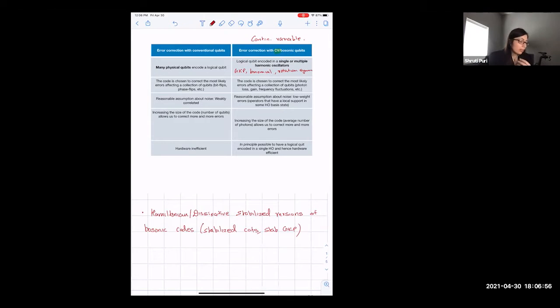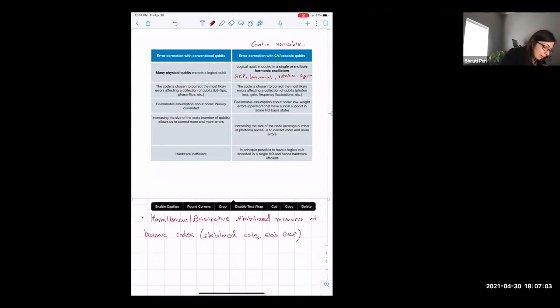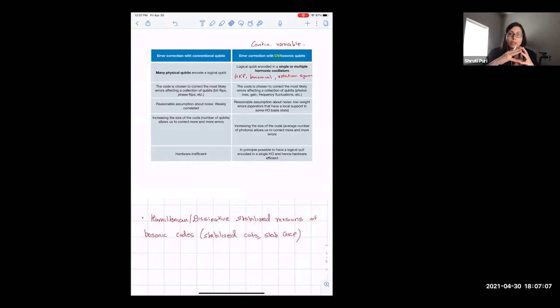Okay, so now with conventional qubits, the idea behind error correction is that you look at what are the most likely errors happening in your system, and you correct against those most likely errors. Another thing that you assume is that the noise is weakly correlated.